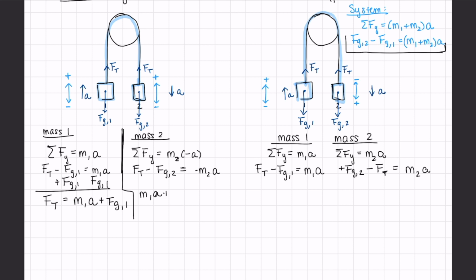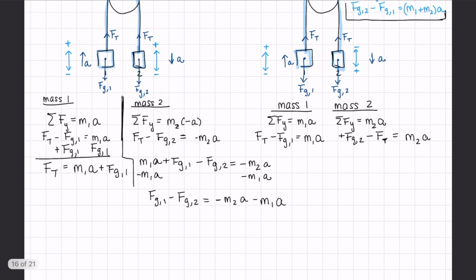So m1a plus Fg1 minus Fg2 equals negative m2a. We'll combine the a terms together by subtracting, and that gives us Fg1 minus Fg2 equals negative m2a, negative m1a.